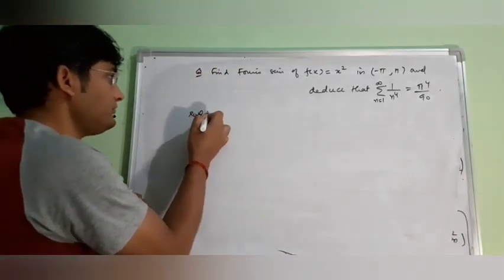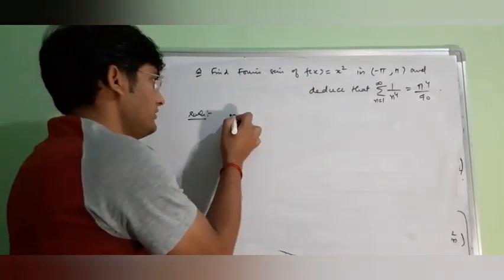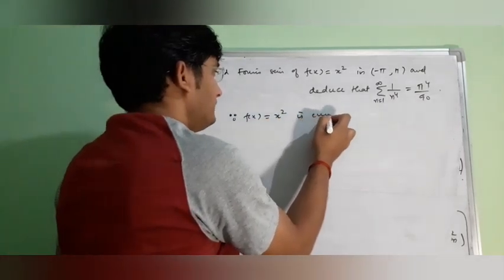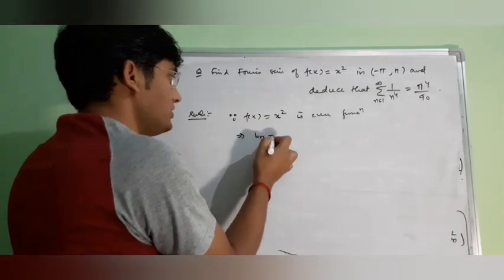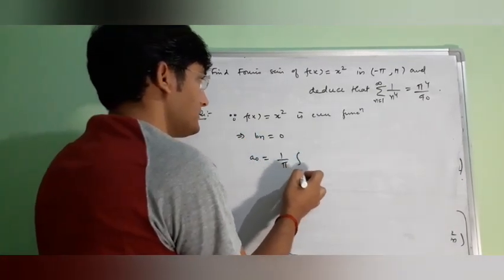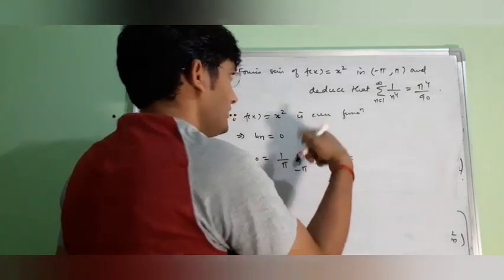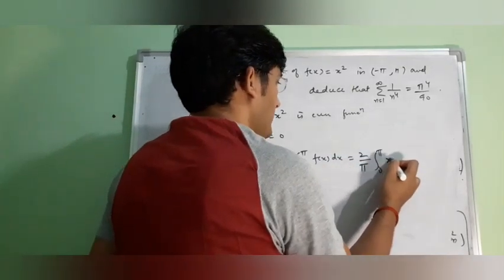Solution: let us compute its Fourier series. As f(x) is an even function, our b_n will be 0 and a0 will be 1 upon pi integral minus pi to pi of f(x) dx. Because the function is even, this will be 2 upon pi integral 0 to pi of x square dx.